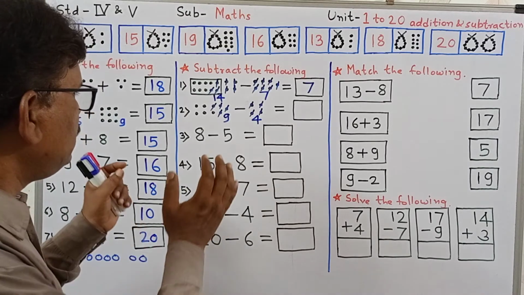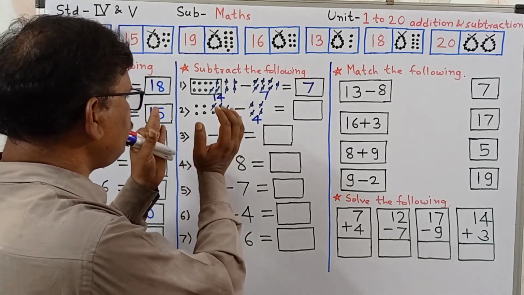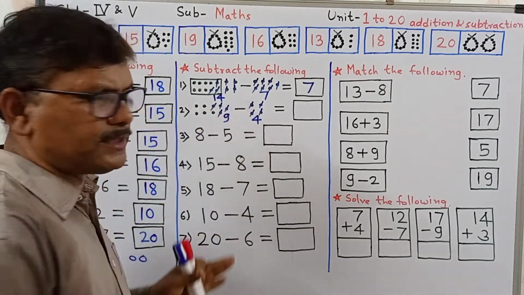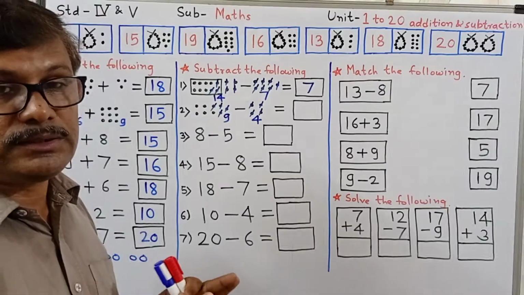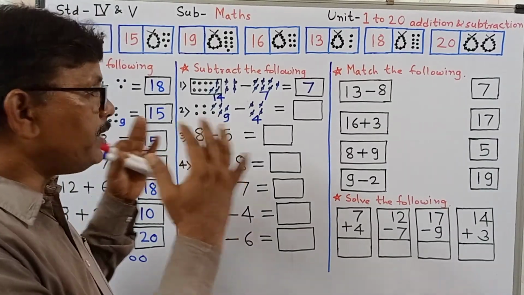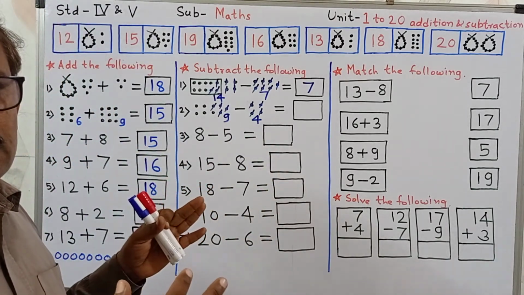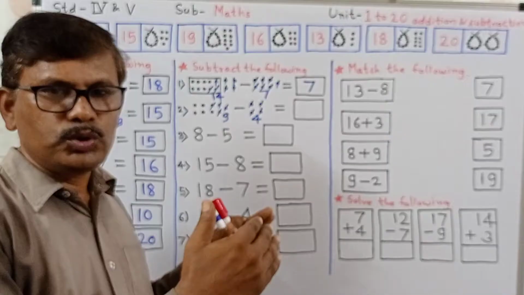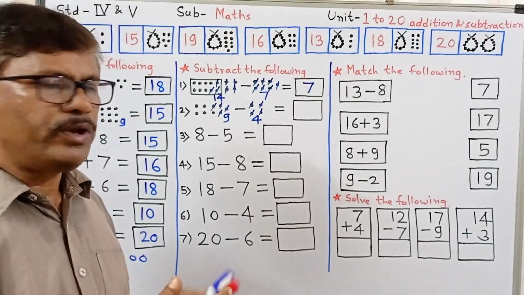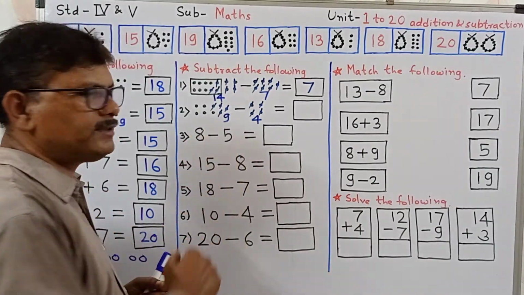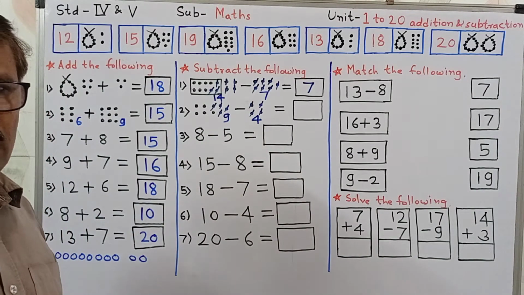But when there are very small numbers, we can do the subtraction this way. But when there are big numbers, 2-digit, 3-digit, 4-digit numbers, we can't do it by this method. Okay?